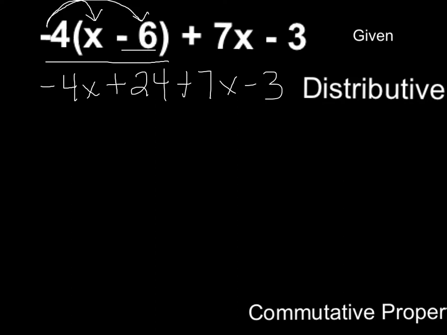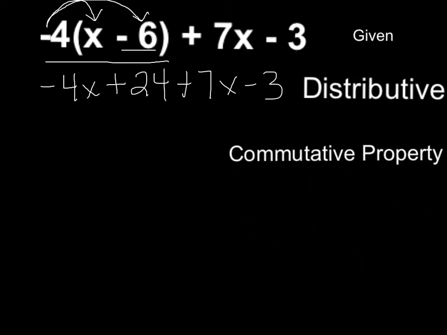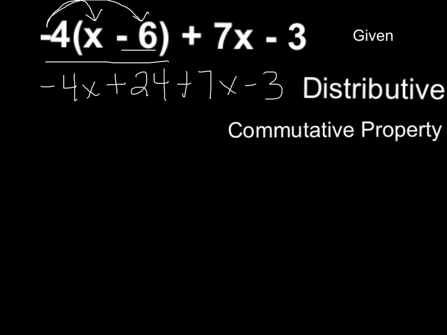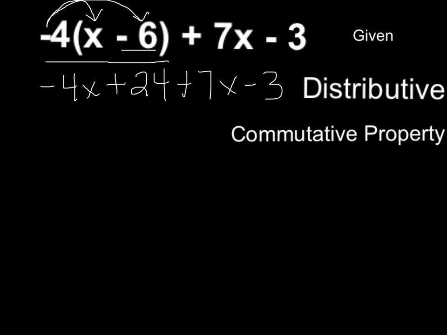Okay? Now the next thing I want to do is use the commutative property to group all of my like terms together and write them right next to each other. You can use a highlighter for this if you like. I'm going to use rectangles and circles.